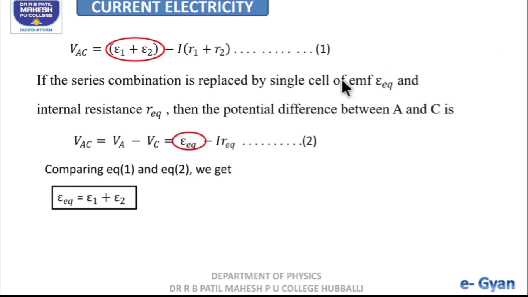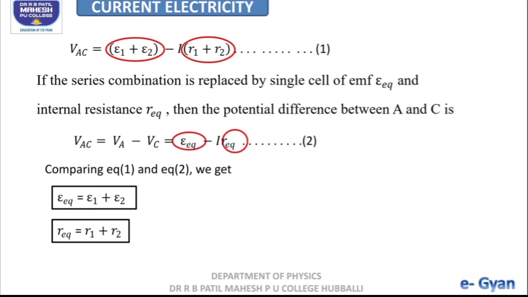And in place of I, there is I. And in place of R equivalent, there is R1 plus R2. Hence, we get the expression for equivalent resistance, that is R equivalent is equal to R1 plus R2. These are the expressions for equivalent EMF and equivalent internal resistance of two cells connected in series combination.